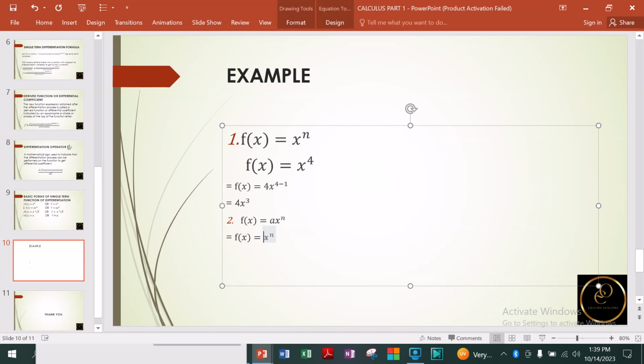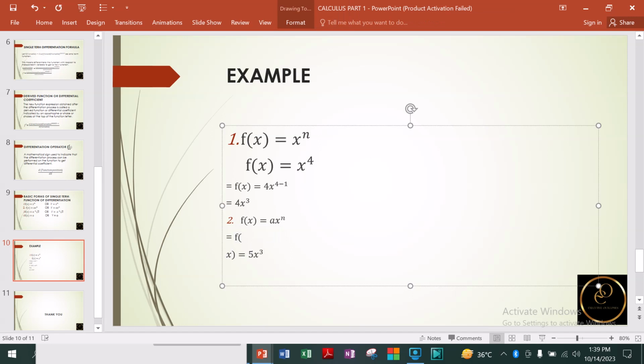Let's say here there is 5 and here there is say 3. So that's what we have. How do you differentiate this one?